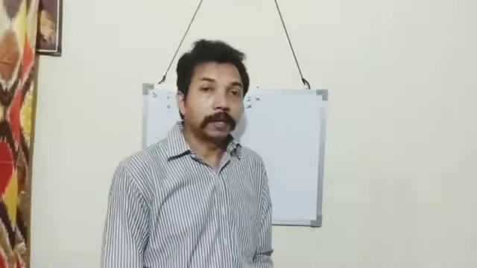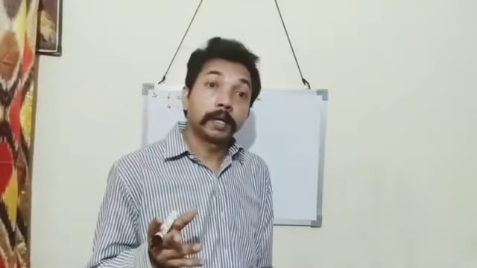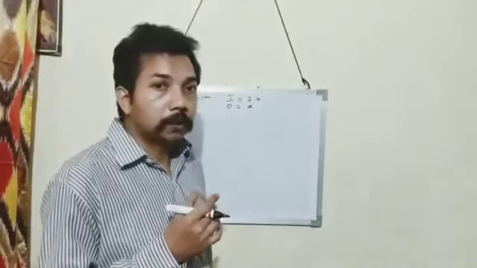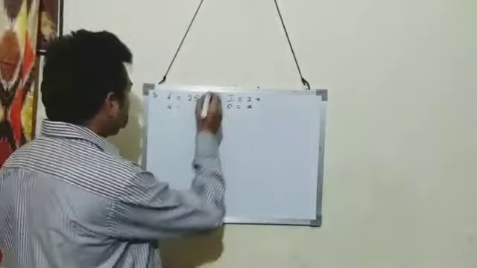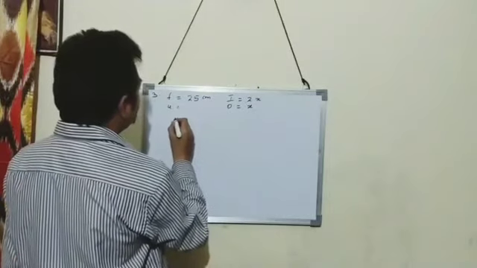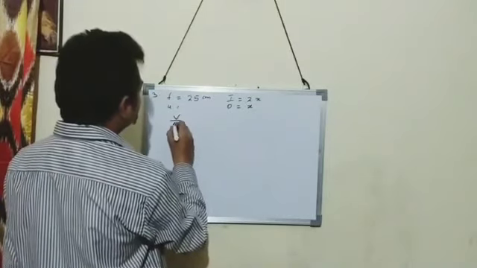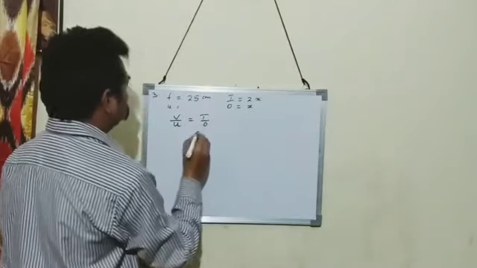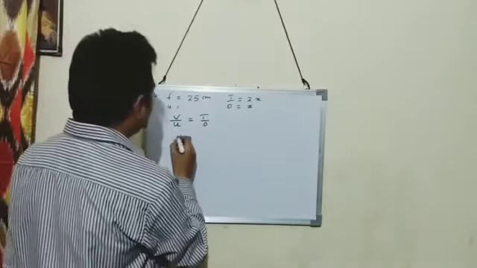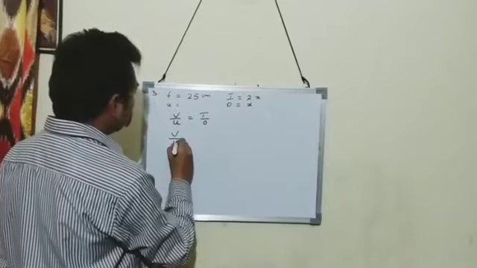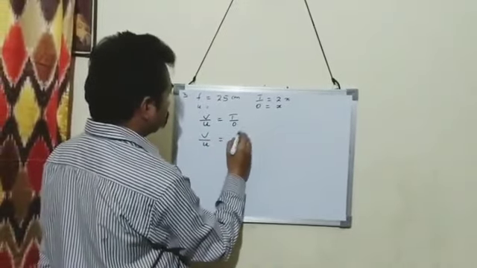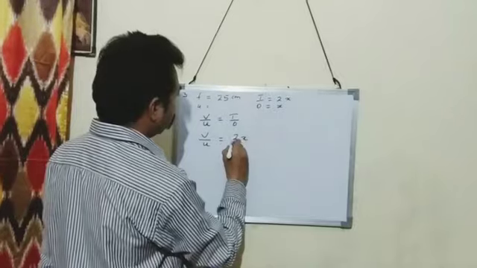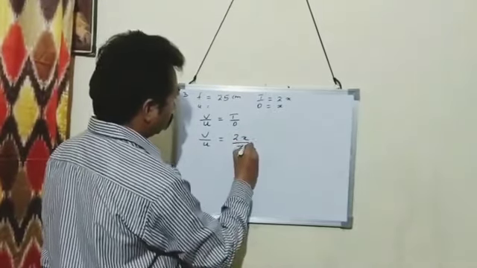So virtual image is formed. The virtual image is formed above the principal axis. Which formula will we write? So we will write the formula v upon u is equal to I upon O. Then substituting the values, v upon u is equal to 2x upon x.